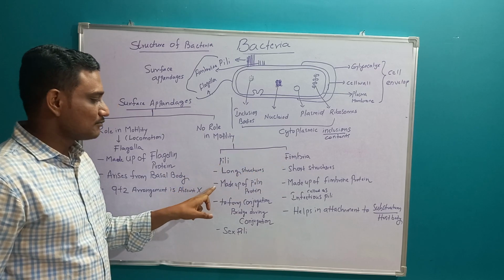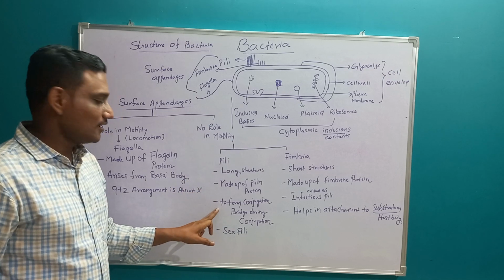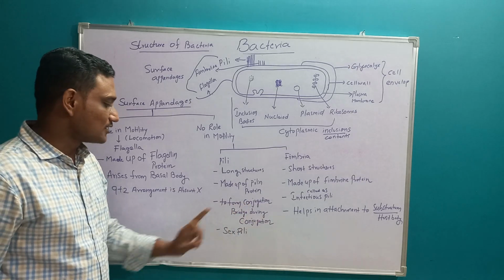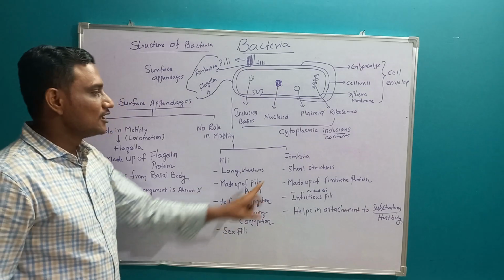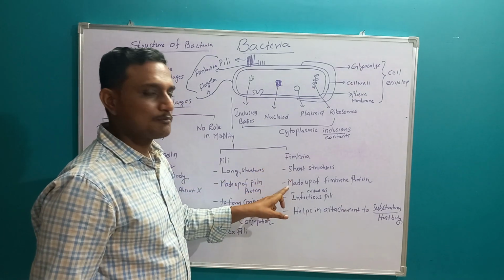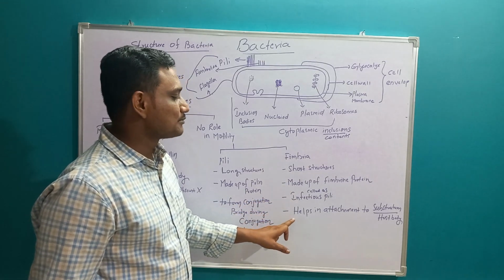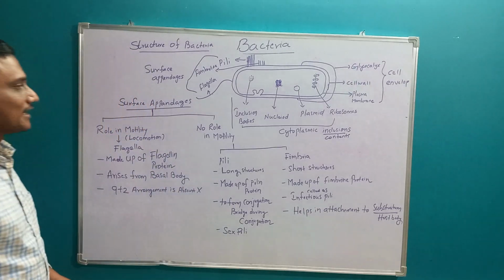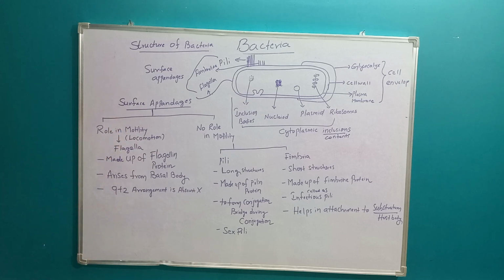Pili are long structures made up of pilin protein, helping to form a conjugation bridge during conjugation, hence also called sex pili. Fimbriae are short structures made up of fimbrin protein, called infectious pili, helping in attachment to the substratum or host body. So this is about the surface appendages.